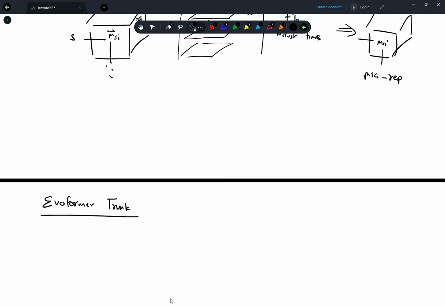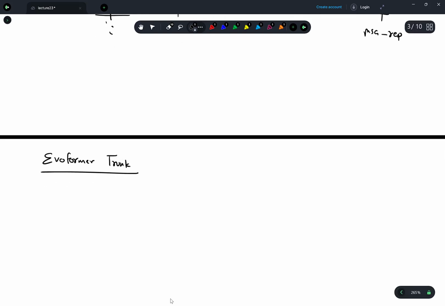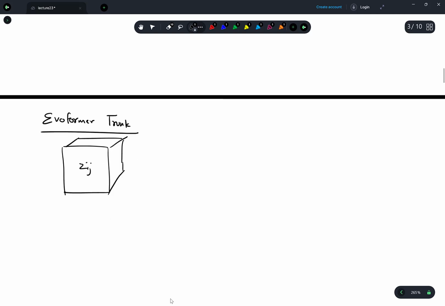The inputs to the evoformer trunk are the pair representation, Zij, and the MSA representation. So basically two three-dimensional tensors.